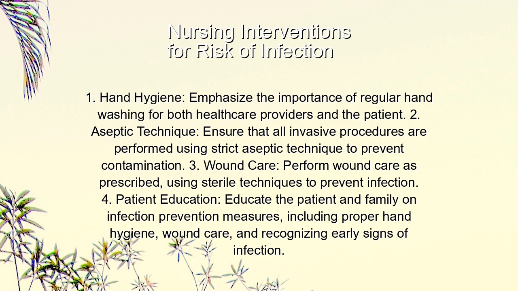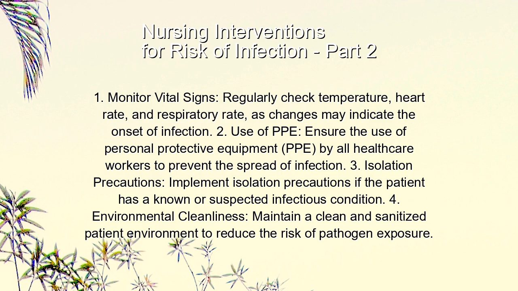Three, wound care: perform wound care as prescribed, using sterile techniques to prevent infection. Four, patient education: educate the patient and family on infection prevention measures, including proper hand hygiene, wound care, and recognizing early signs of infection.